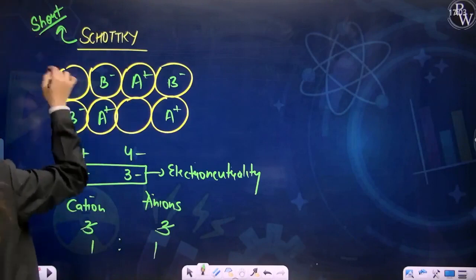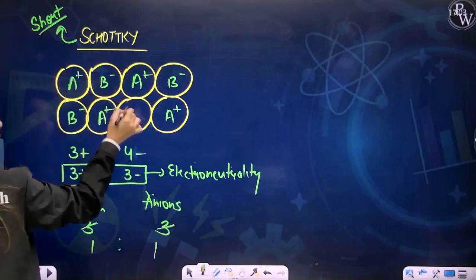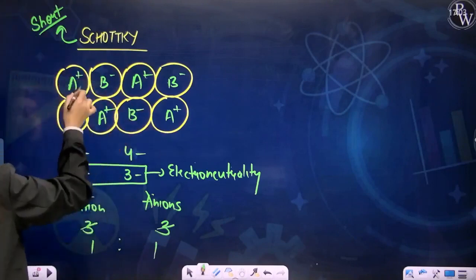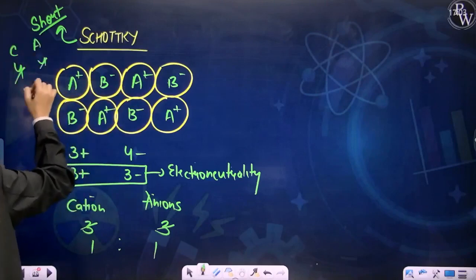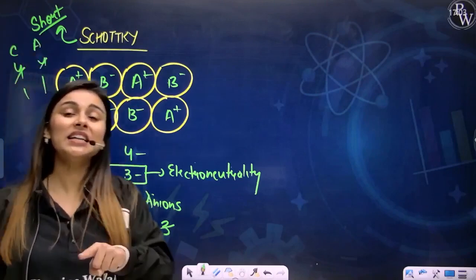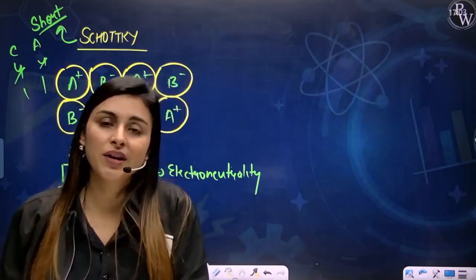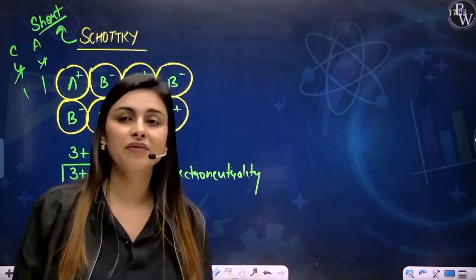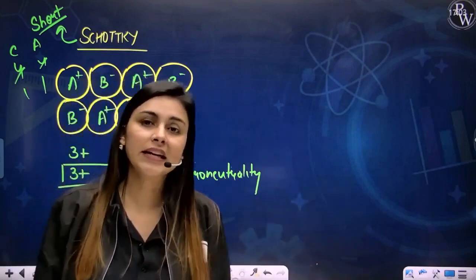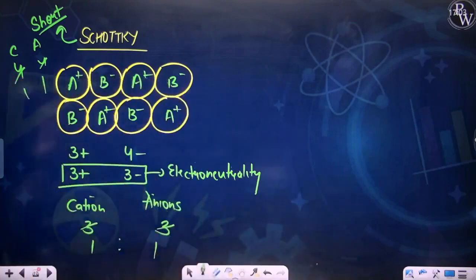And if you talk about initial, if it was here A plus and B minus, still you had 4 cations and 4 anions, still the ratio was 1:1. And that is the reason it is known as a stoichiometric defect, because the ratio of the cation to anion before the defect and after the defect is exactly the same. Okay, yes. So this is what actually happens in a Schottky defect.